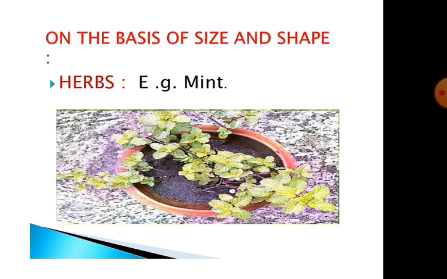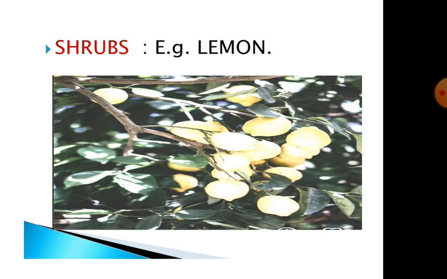Herbs: the plants which have soft, green and perishable stems are called herbs. For example, mint. Shrubs: the plants with woody stems with branches of almost equal size arising from the stem immediately above the soil are called shrubs.